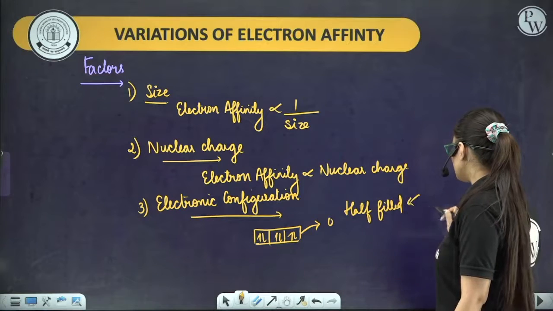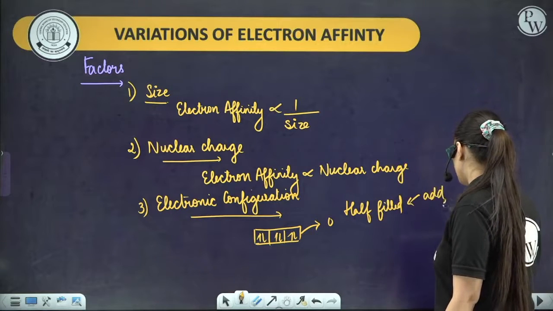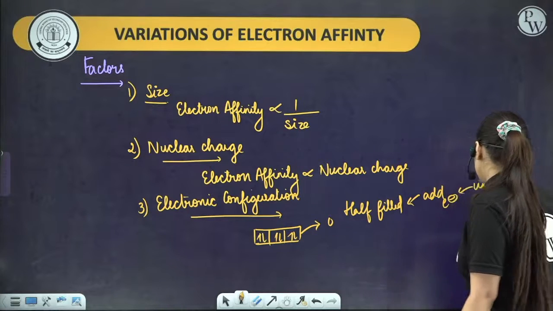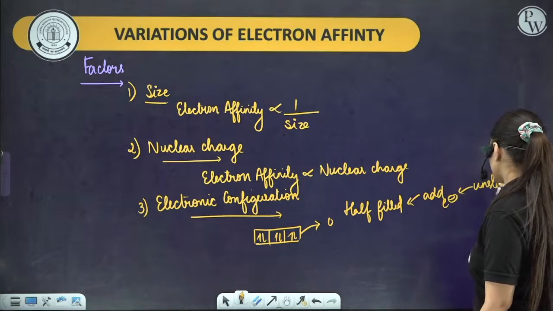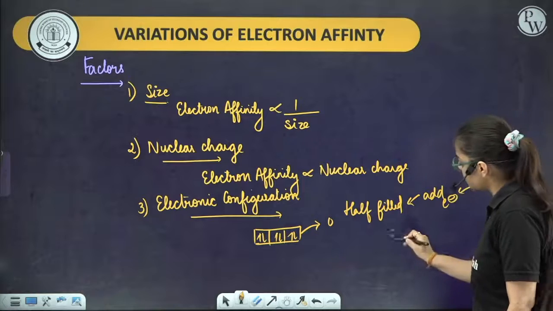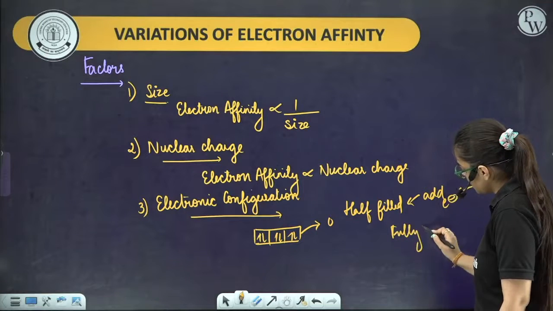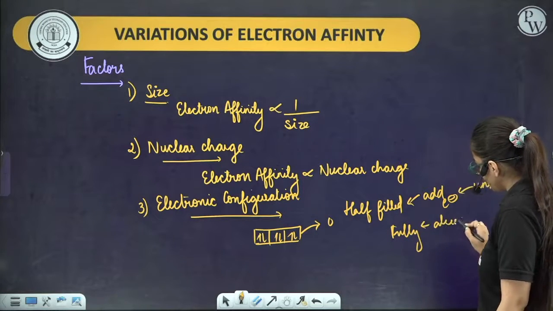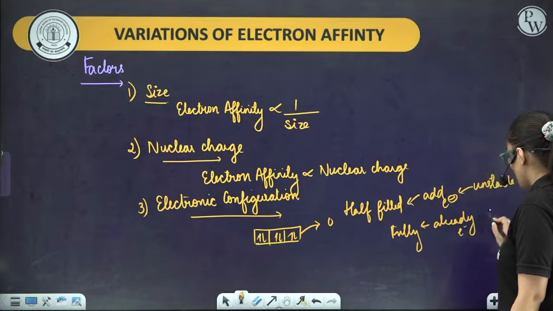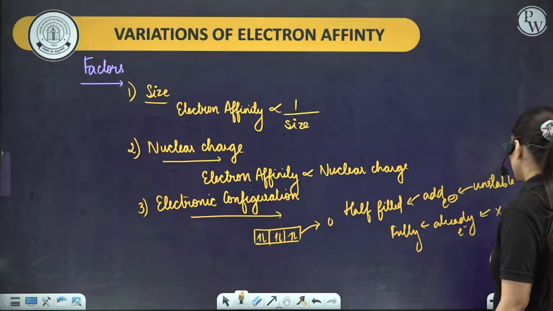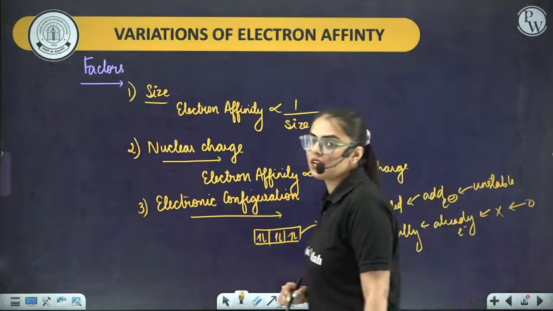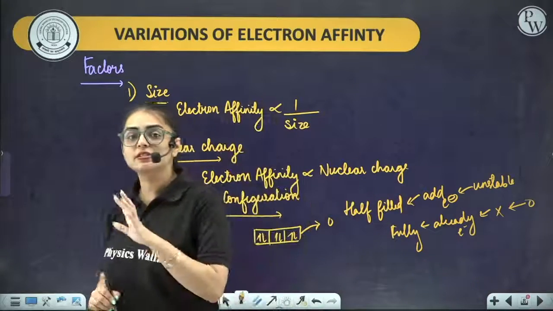It will become unstable after an addition of electron, right? Also in fully filled, electrons are already there, so how will you add? So it is also 0. That means electronic configuration for half filled and fully filled is 0.